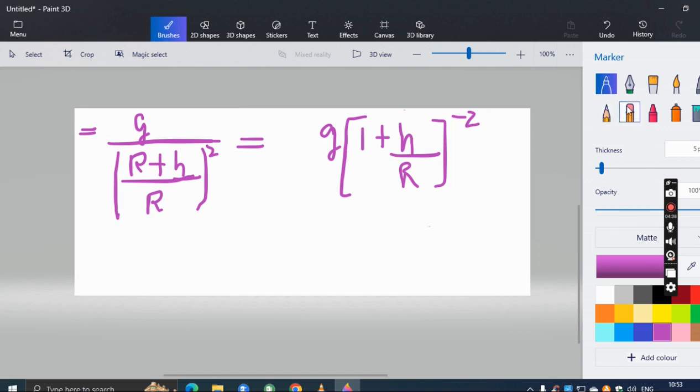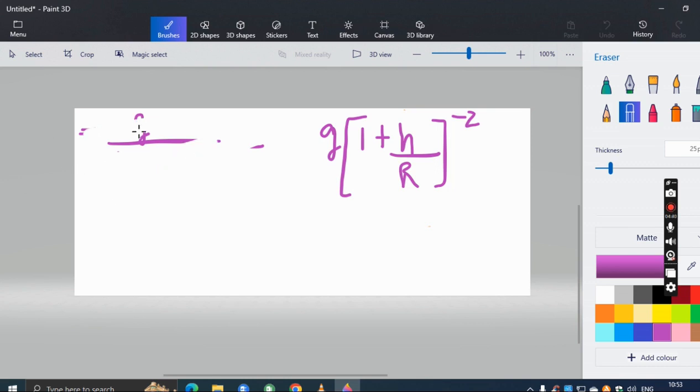Now there's something called binomial approximation. So what is this binomial approximation that we are going to use? Well, this is g dash.